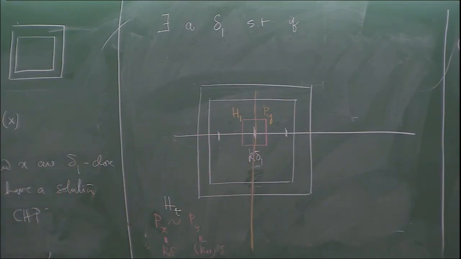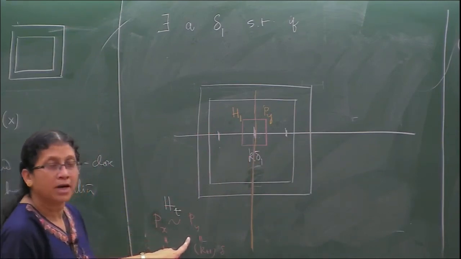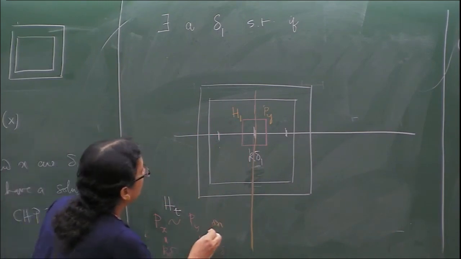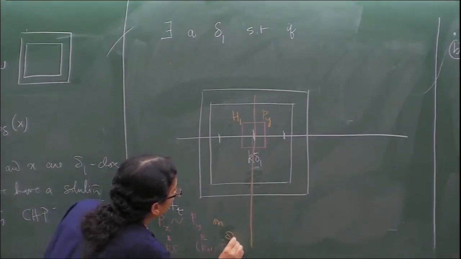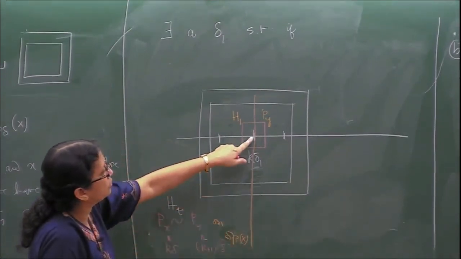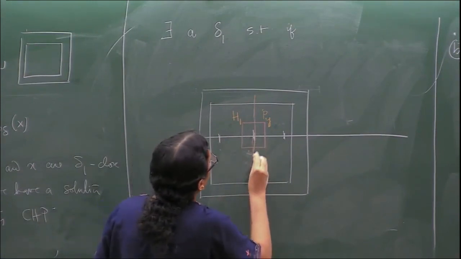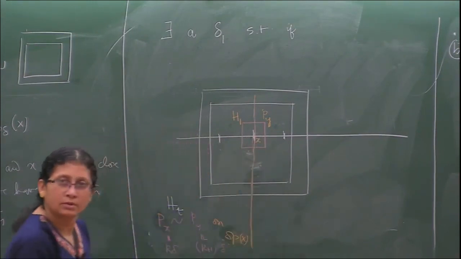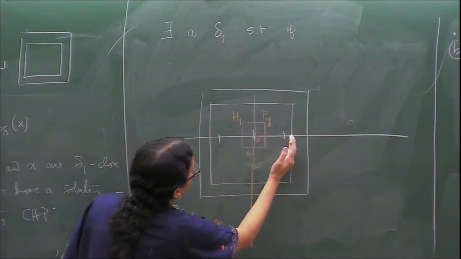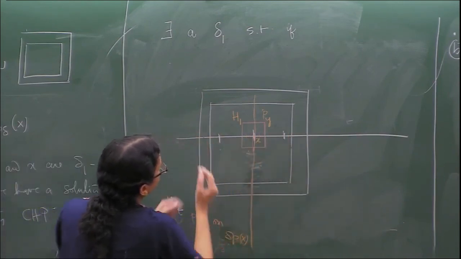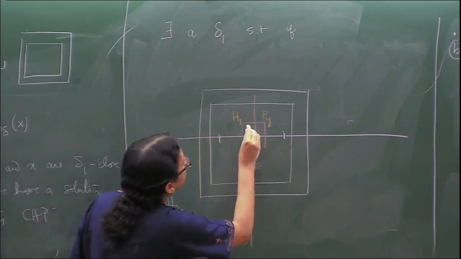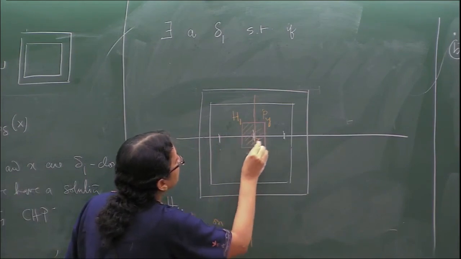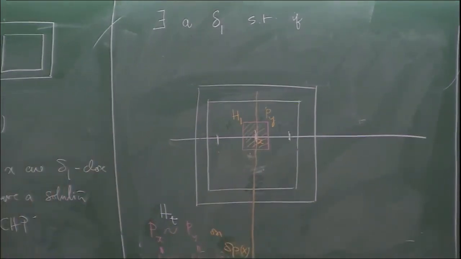H1 is a homotopy between Px and Py, but only on some very small neighborhood of X. So this is X, okay? So on the right hand side I put Py, on the left hand side, I put H1. What I know is H1 and Py agree on this small neighborhood, but not outside that, because I have a homotopy HT connecting Px and Py.